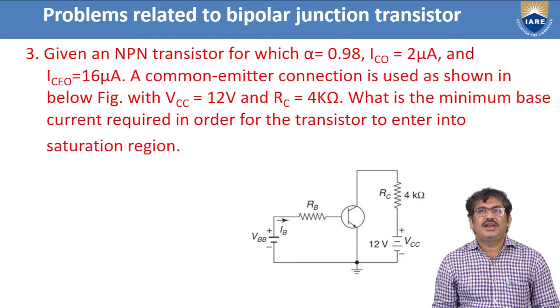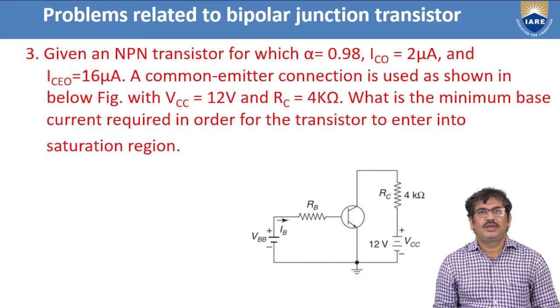A common emitter connection is used as shown in the figure, with VCC equivalent to 12 volts, RC equivalent to 4 kilo ohms.